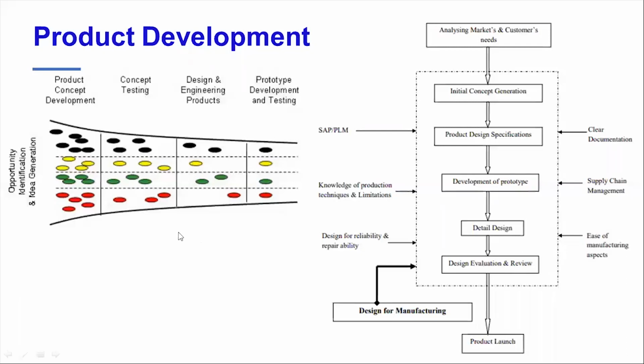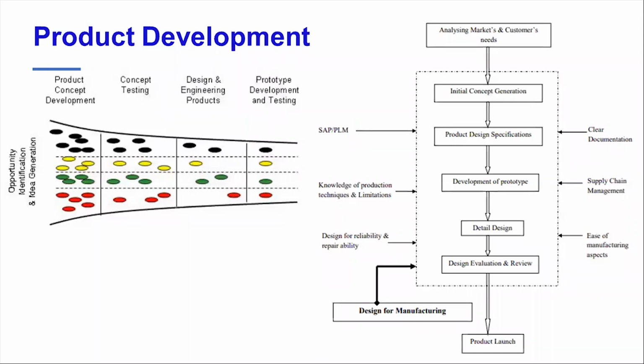Okay, so now maybe this funnel shows you a brief overview. On the left hand side you see the funnel: product development, concept gathering. You have multiple concepts by many people, they have their own ideas, own rationales. Then you do preliminary design, and you test the prototype. Finally you come to fewer concepts.